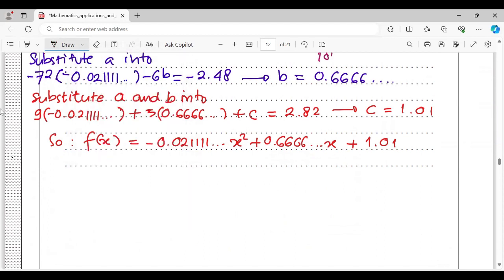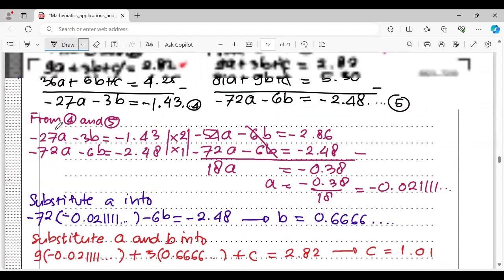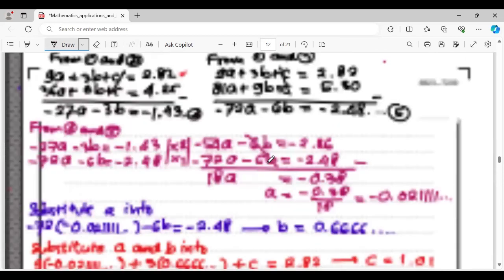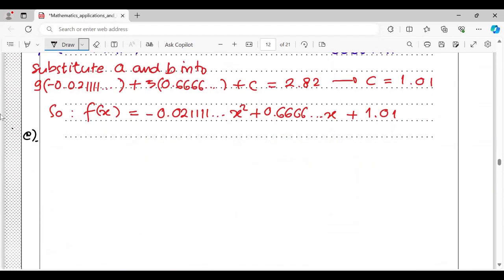So for C, if x equals 30 meters, what happens?